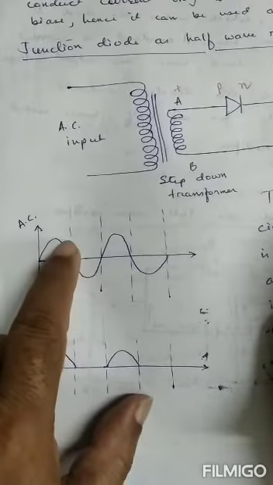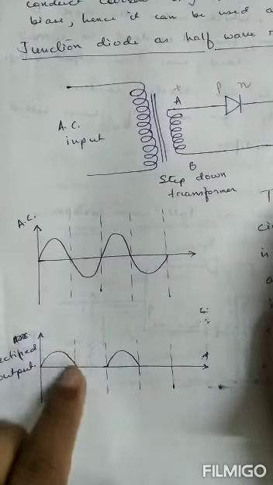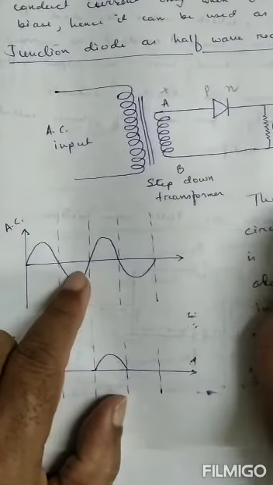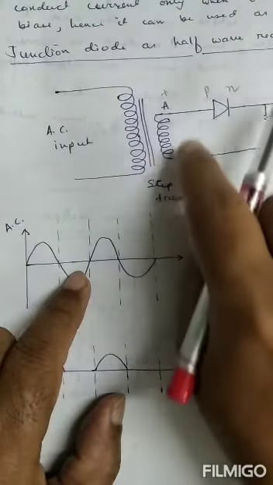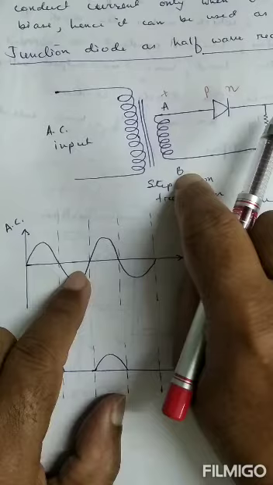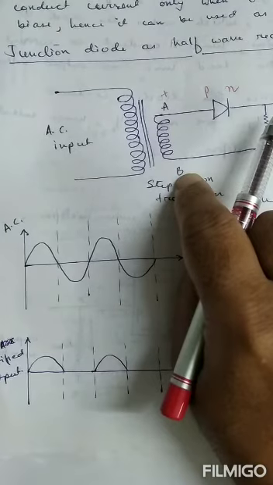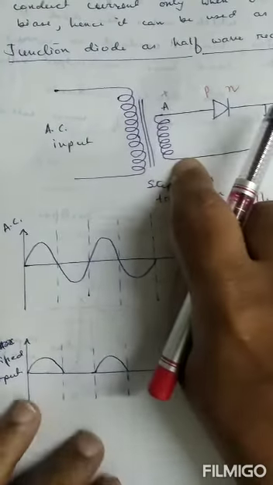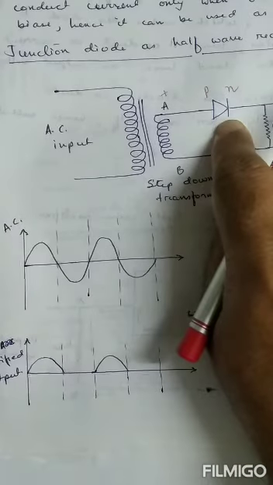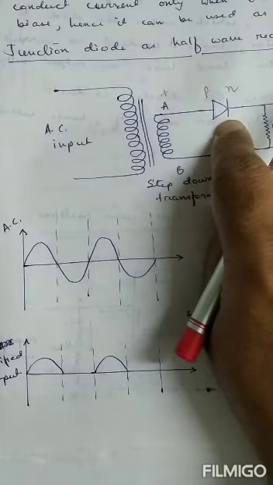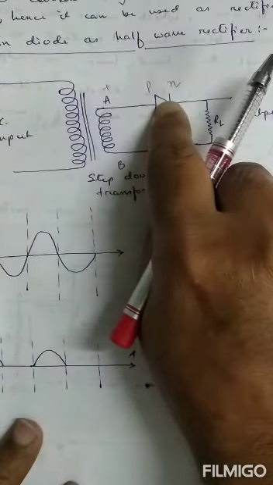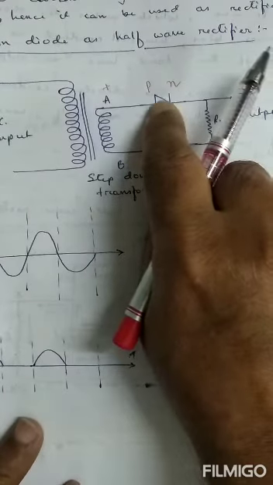Now, here the input voltage decreases. So, therefore, the output voltage decreases. In the next half, what happens? A becomes negative, B becomes positive, because it is alternating current. A becomes negative, B positive, which makes the diode reverse biased. So under reverse bias condition, no current flows through the junction diode.